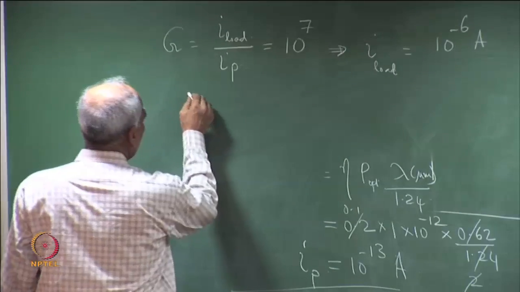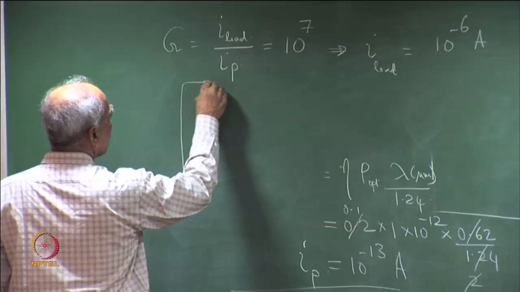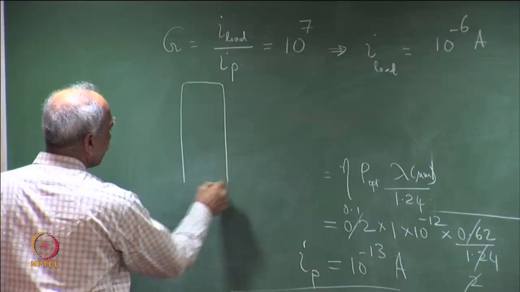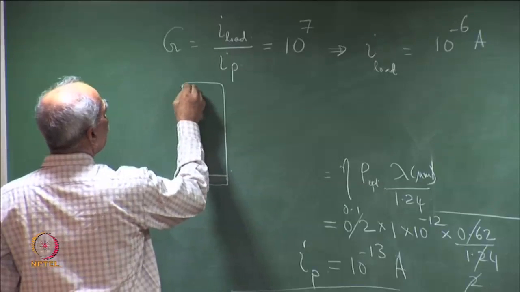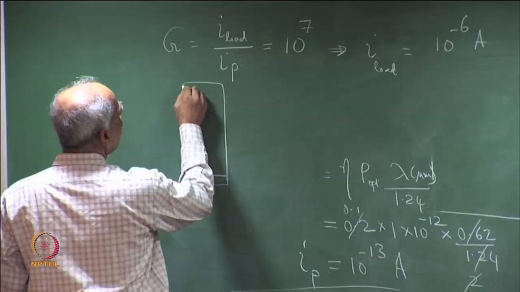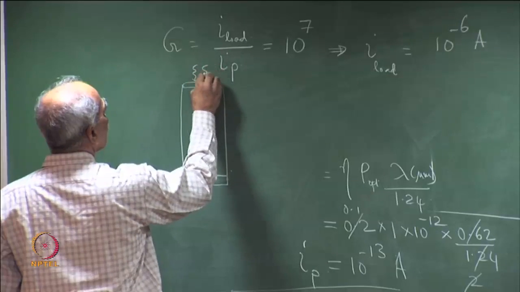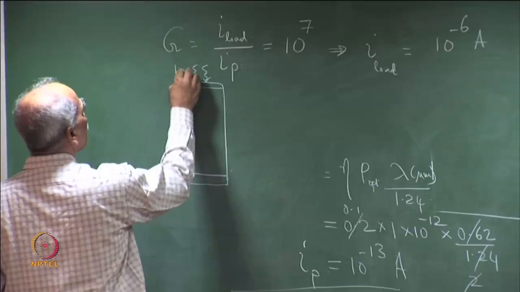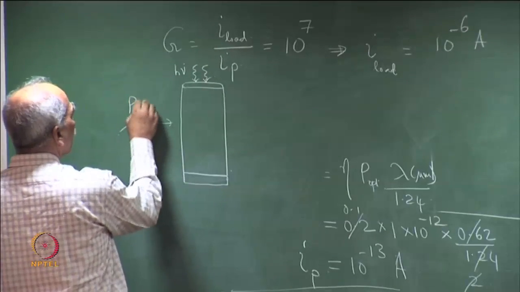So, recall that we have a tube, the PMT normally looks like this. There is a tube and a window at the top for photons to be incident. So, these are the incident photons, it is a tube, this is the schematic of a PMT.